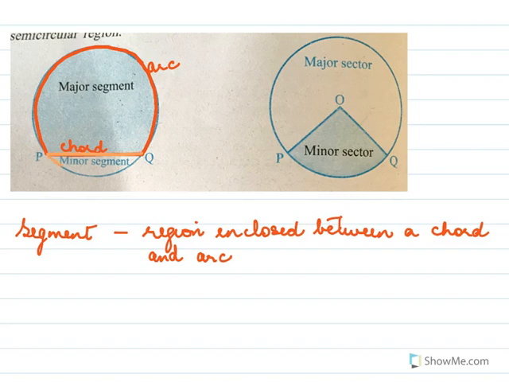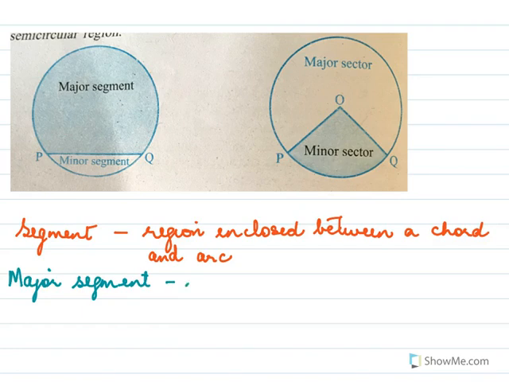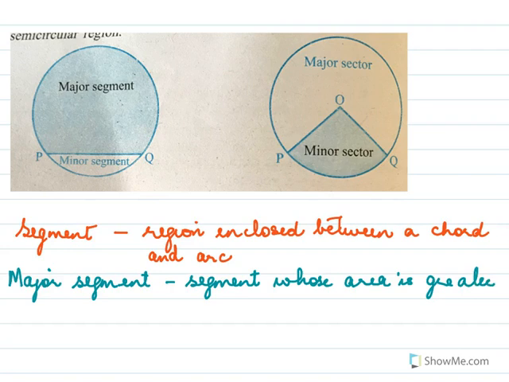Say here the chord and the arc. This is also a segment. Major segment is a segment whose region or whose area is greater than the area of semicircle or semicircular region.